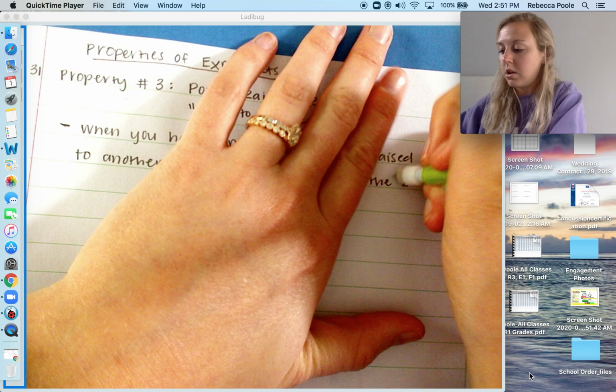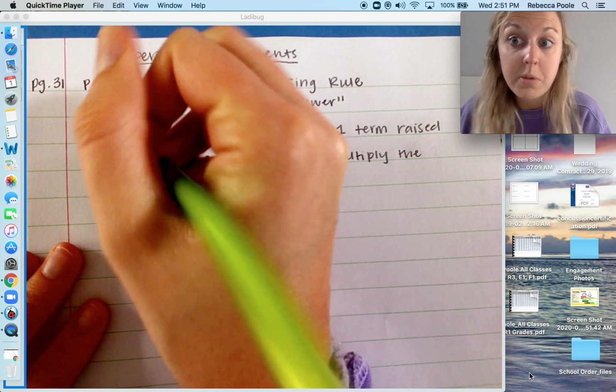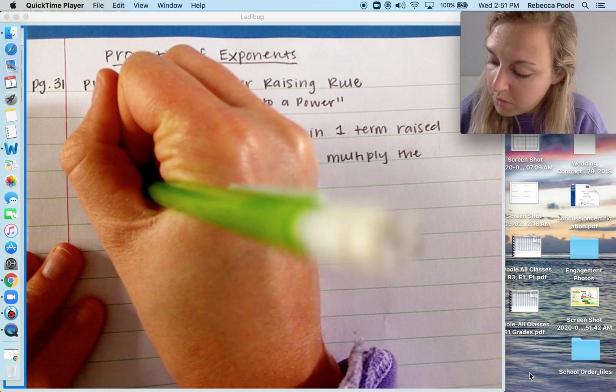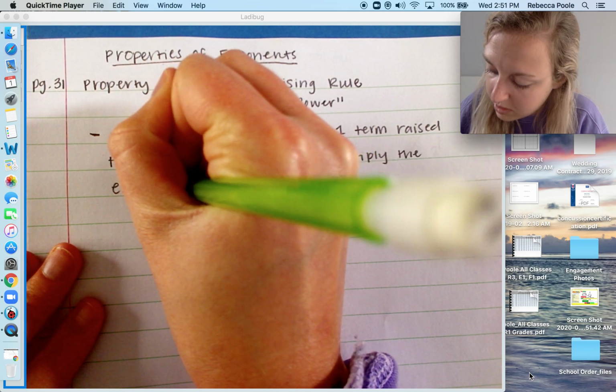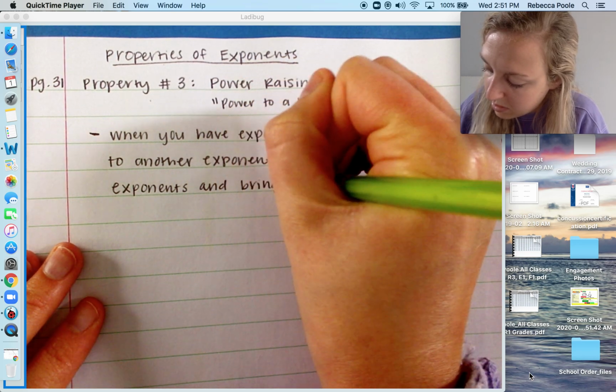I shouldn't say two. We're just going to say you multiply the exponents because it can actually be more than 2. That's what we're doing tomorrow. You multiply the exponents and bring down the base.